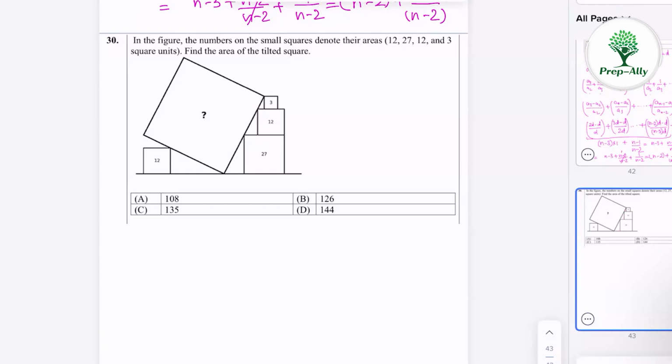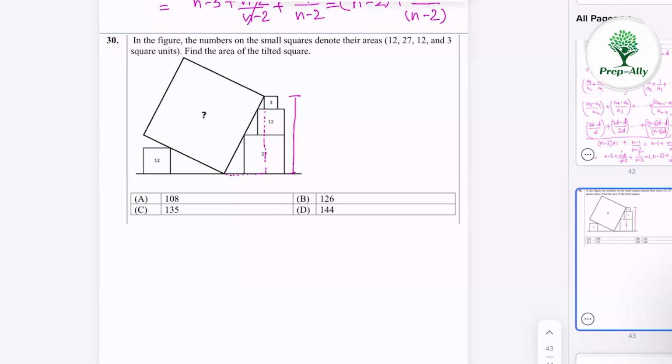So these three triangles are similar to each other. And let's say we draw a triangle like this. This is also similar to all these triangles. Now, can we find this height?